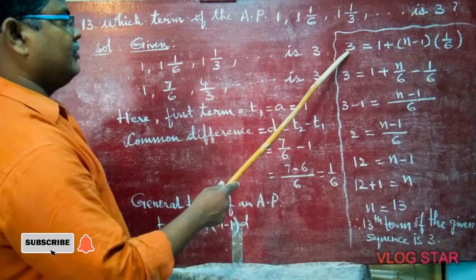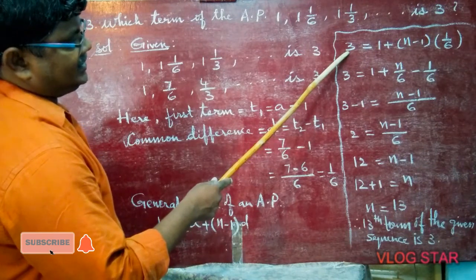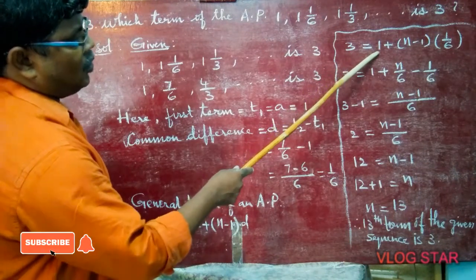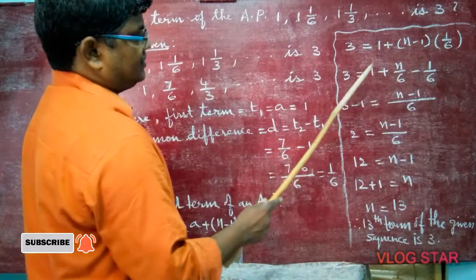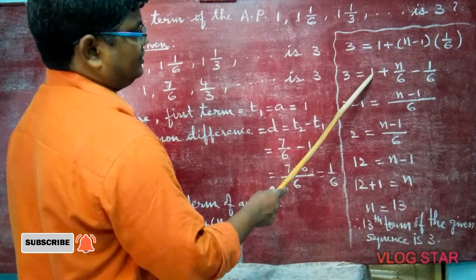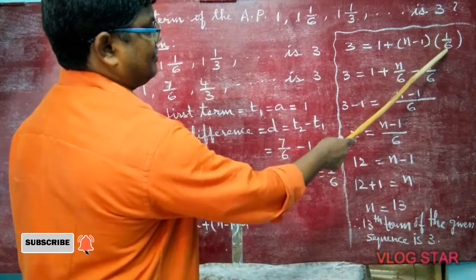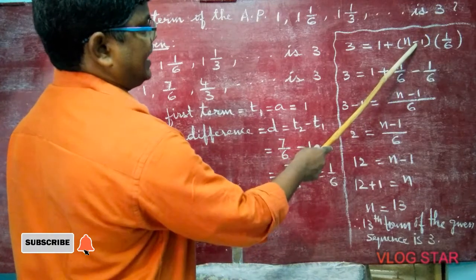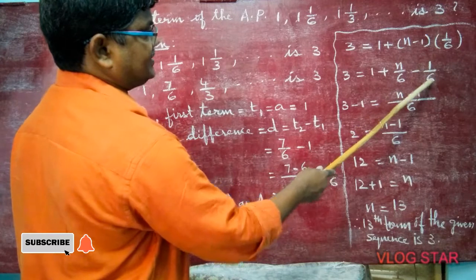In which term will be 3, we don't know, we are going to find. So 3 is equal to 1 plus n minus 1 into d, the d value is 1 by 6. Now 3 is equal to 1 plus, multiplying, n by 6, minus into plus is minus, 1 by 6.